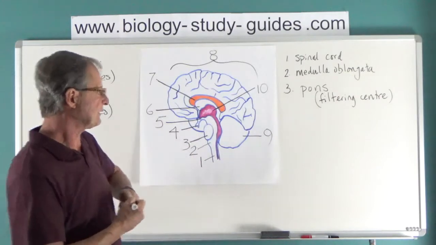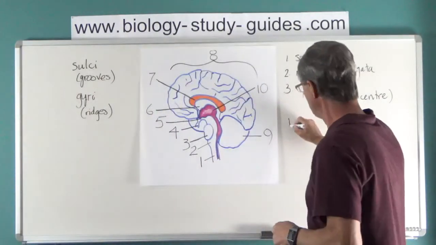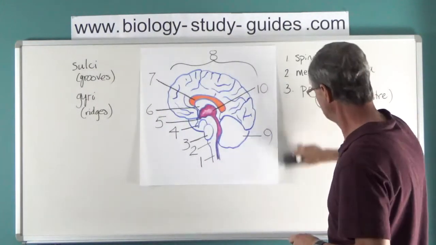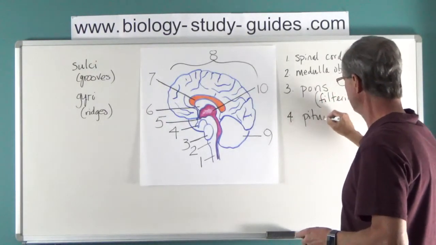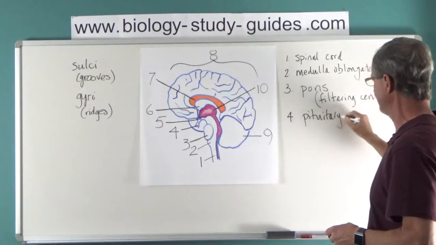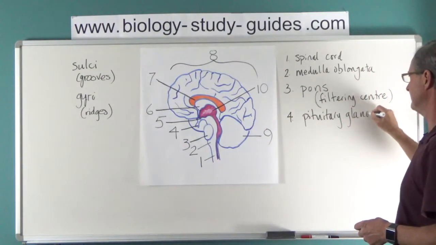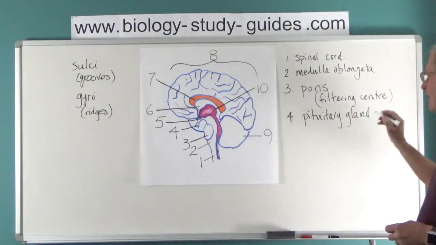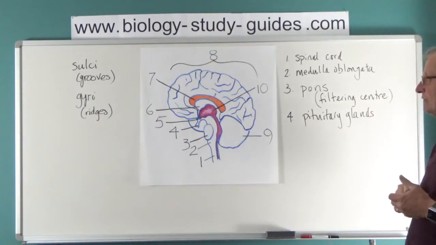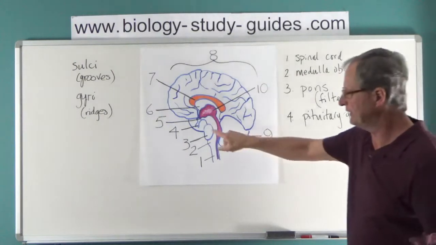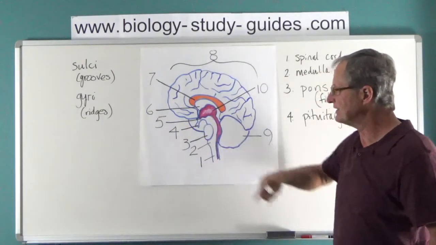4, pituitary gland. Pituitary gland with an S on it, because there is an anterior pituitary and a posterior pituitary. It's a bilobed gland that hangs down from the brain.